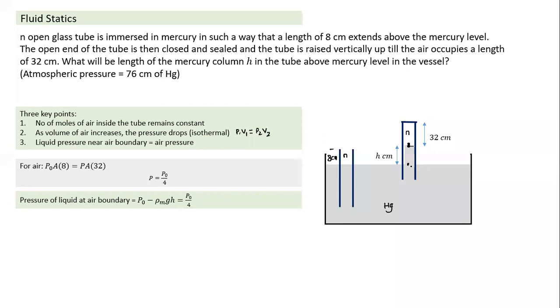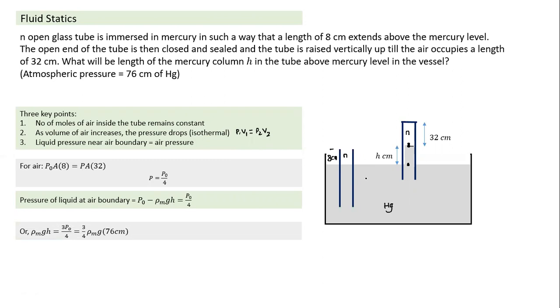So P naught minus rho gh is equal to P. This is the equation we form here. We can easily understand this has become P naught by 4, 1/4 of the air pressure. If liquid mercury rises to 76 centimeter when the pressure is P naught, when the pressure is P naught by 4, it will rise to a height of 76 by 4. That much height it will rise.